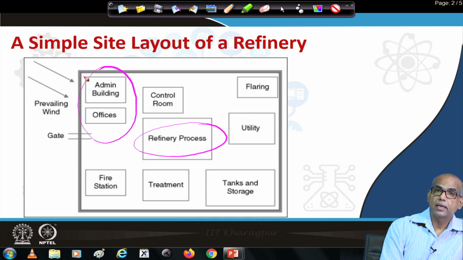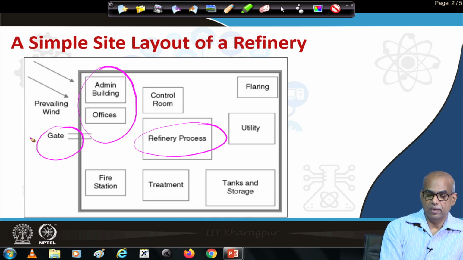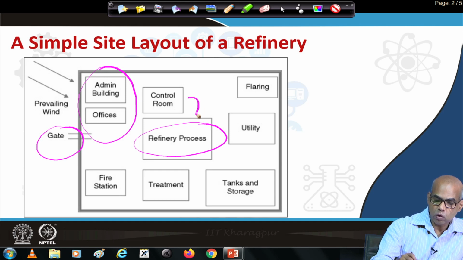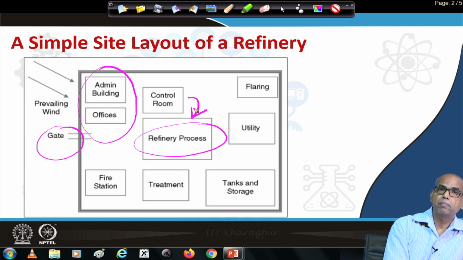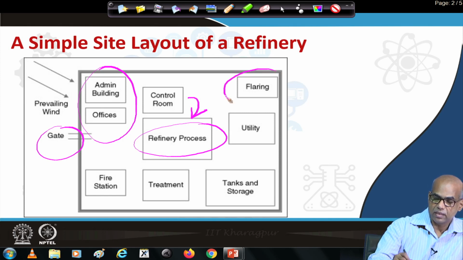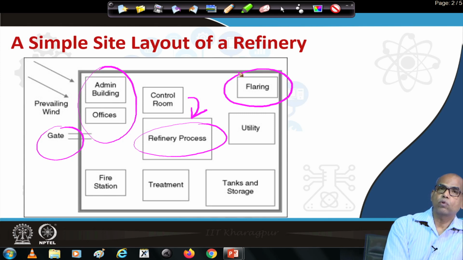They are near the main entrance, and the prevailing wind condition is such that the pollutants will be carried away from the occupied buildings. The control room is located in a nearby place where the main refinery is located, and the flare is sited far away at one corner.